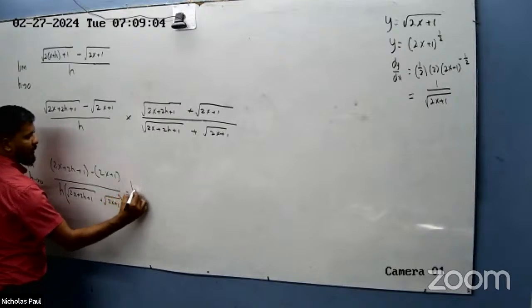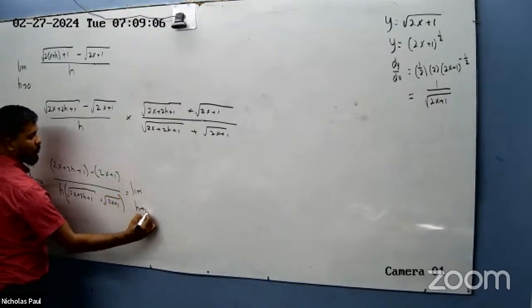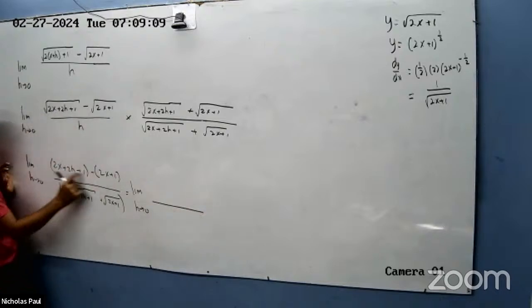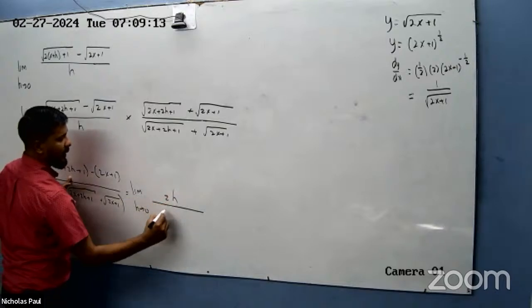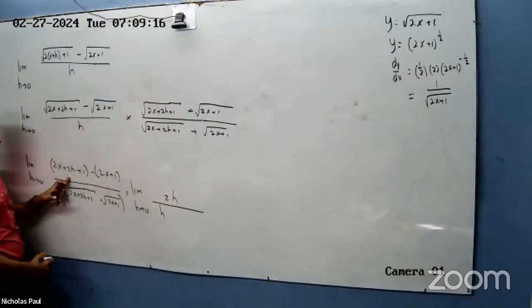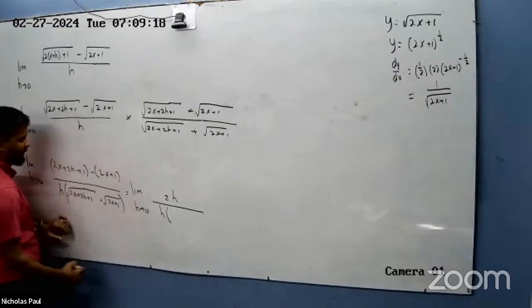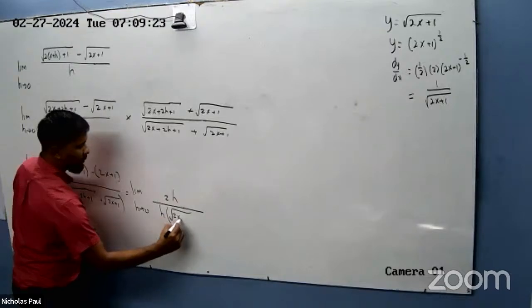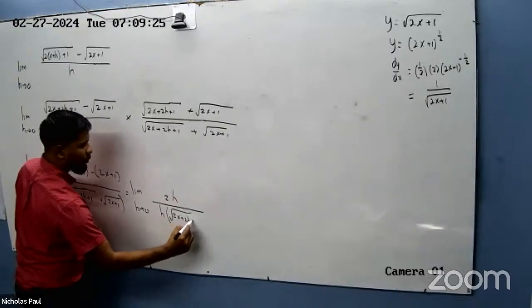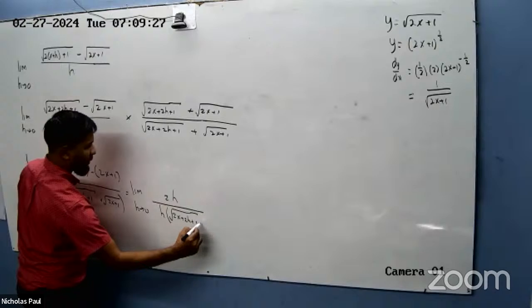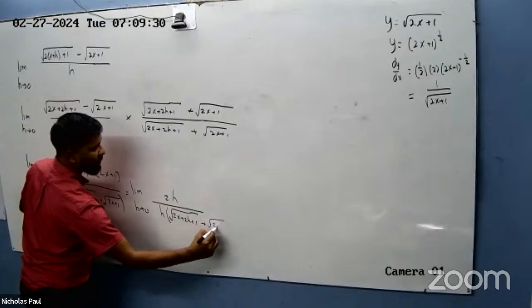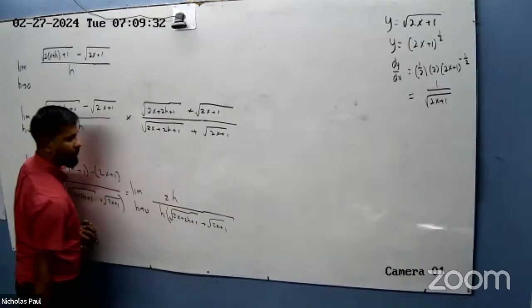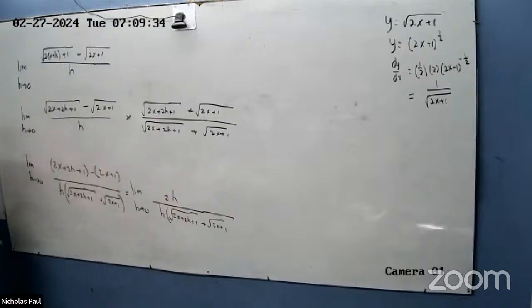You'll end up with the limit as h approaches 0 of, 2x will cancel, 1 will cancel, so I'll get 2h over h by open brackets, this whole thing here: the square root of 2x plus 2h plus 1 plus the square root of 2x plus 1. Are you okay there? Online, are you with me?